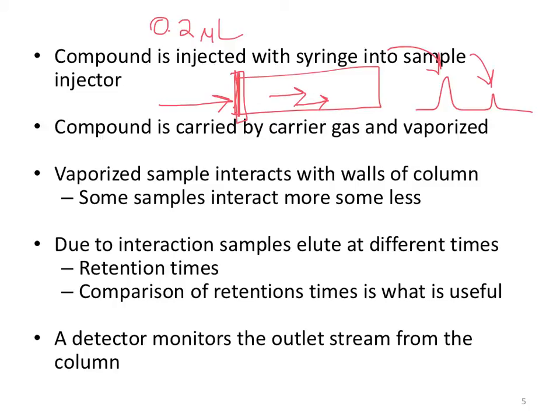The column cannot handle that amount of sample in a given time. So your peaks will start to look kind of like that rather than a nice tip on top. And so in that case, he would need to go back, dilute your sample, and run it again. So that's what's done.